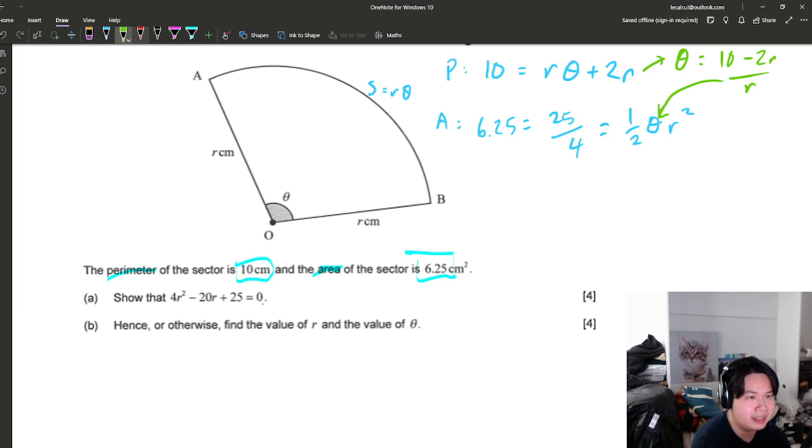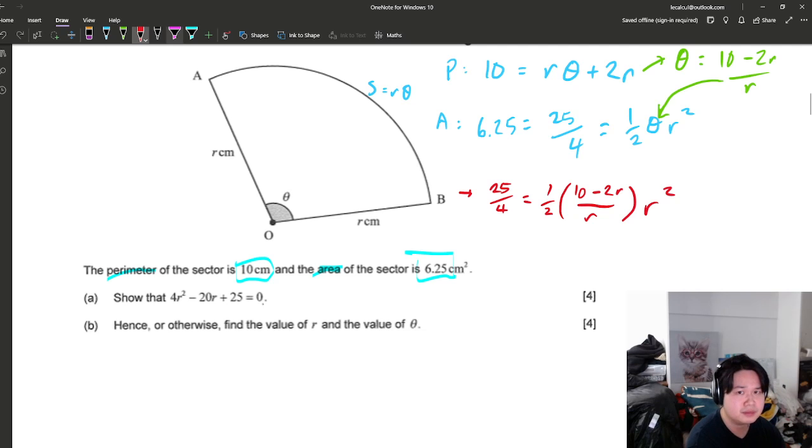So if we do that, then now we have 25 over 4 is 1/2 times 10 minus 2r over r times r squared. And then this r cancels with that r. This 2 and this 4 will divide. And then that's a 2 now.